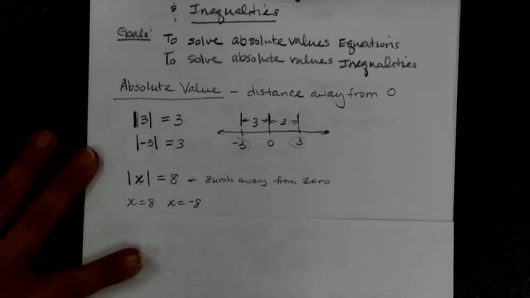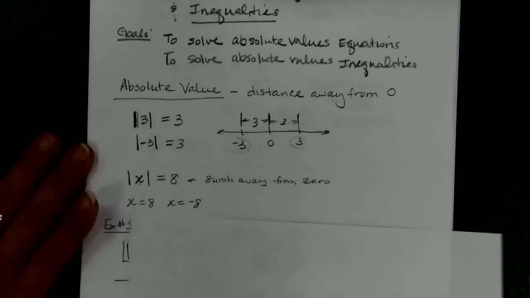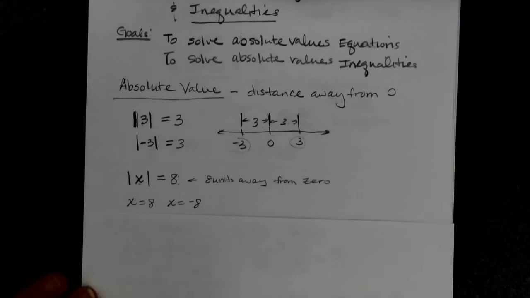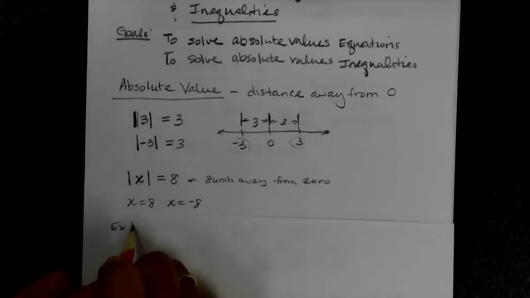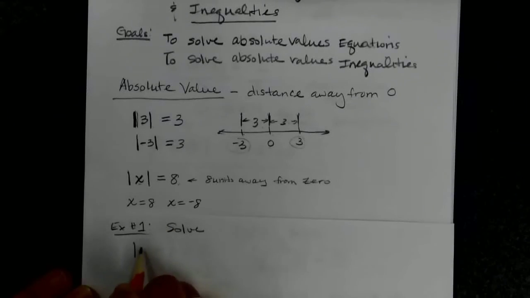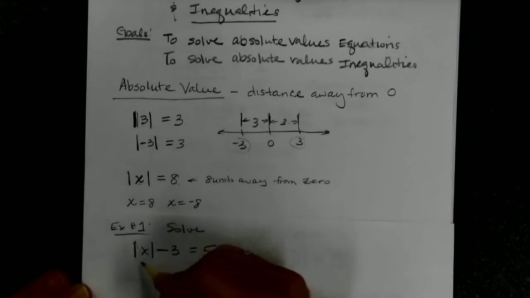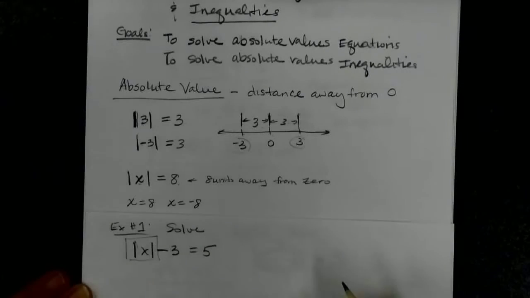So, the first example that I'm going to give you is to solve the absolute value of x minus 3 is equal to 5. So your goal from now on is to try to get the absolute value by itself.